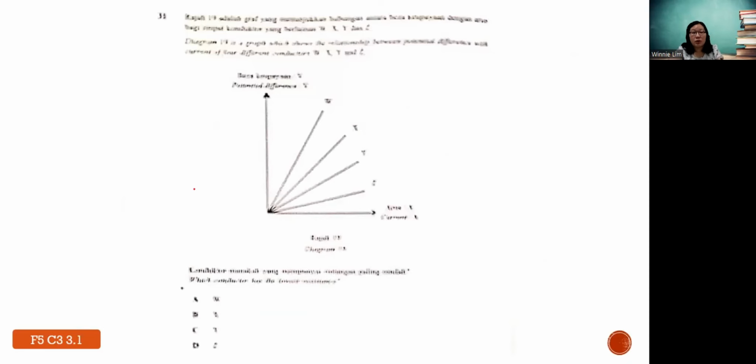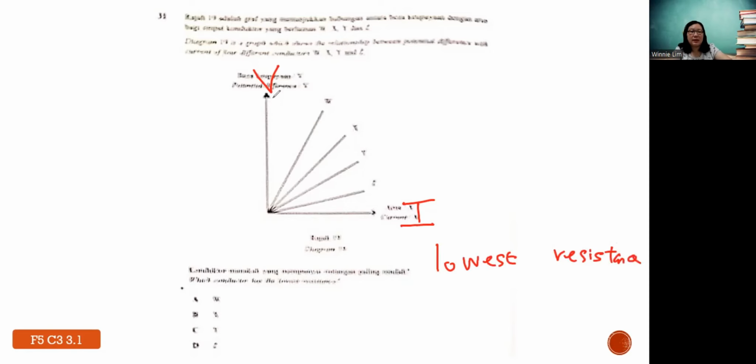Next one, these questions look a bit blurry, the scan is not so clear. So I just explain the question that is needed. Basically, this is the graph for voltage against current. What the question requires is which one will have the lowest resistance.